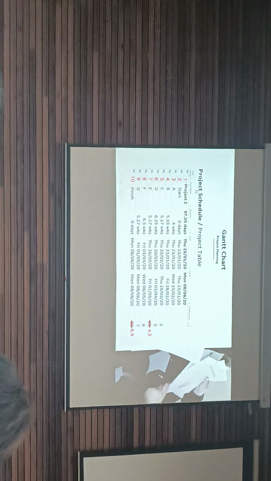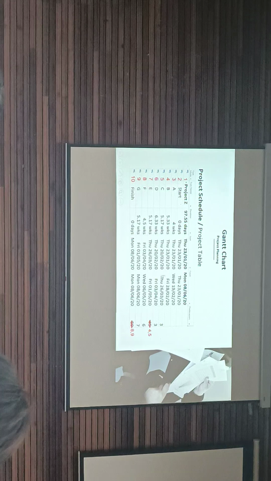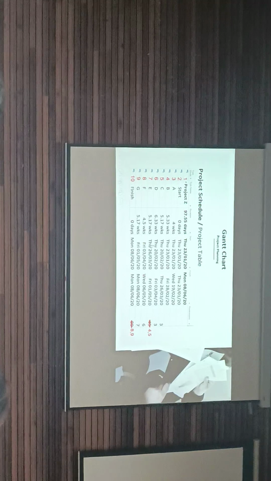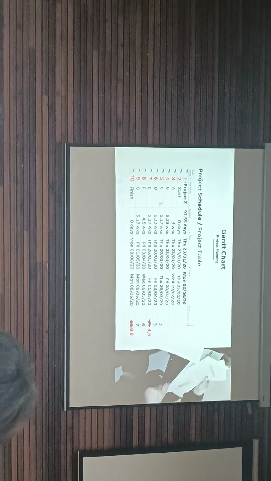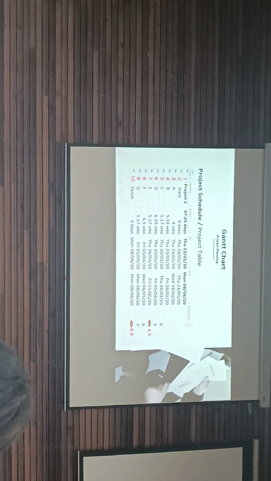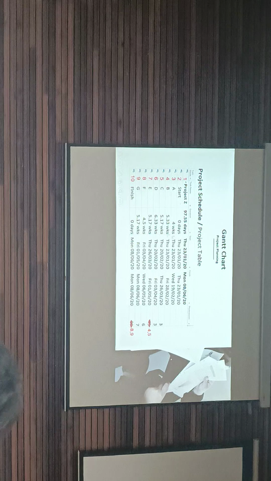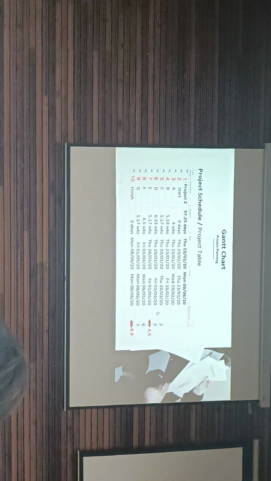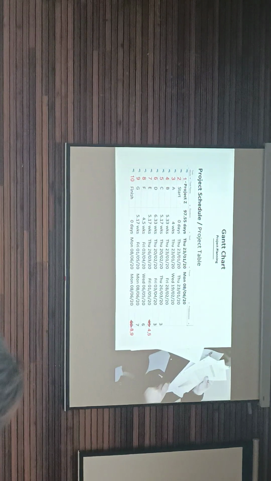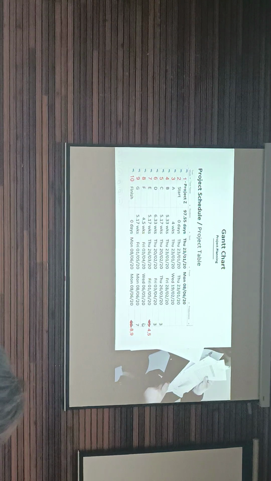This is a project schedule, and some people call it a project table. It has the task name, duration, start date, finish, and predecessor. Predecessor is used to set the relationship between tasks. It is not 45, it's 4,5.